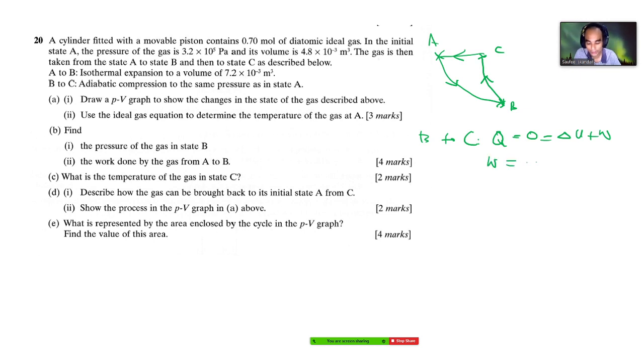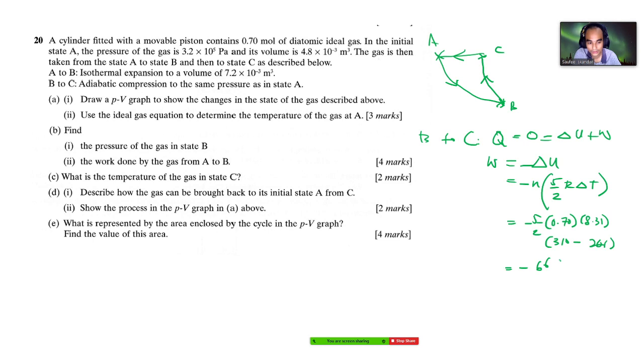So W equals change of U, the internal energy of the gas, equals n times 5 over 2 R change of T from B to C. If you substitute everything, it is 5 over 2 times 0.70 times 8.31 times (310 minus 264), then you have negative 669 joule of energy or work.